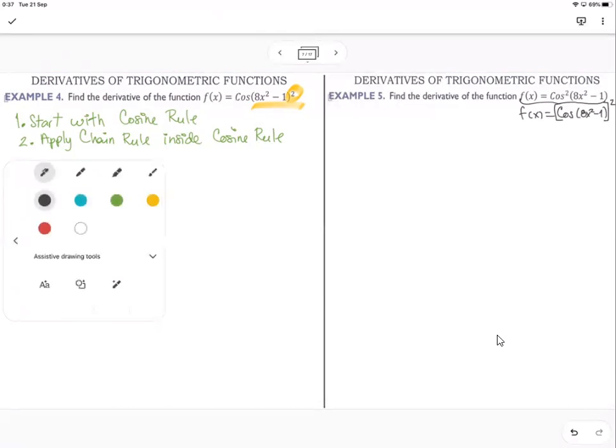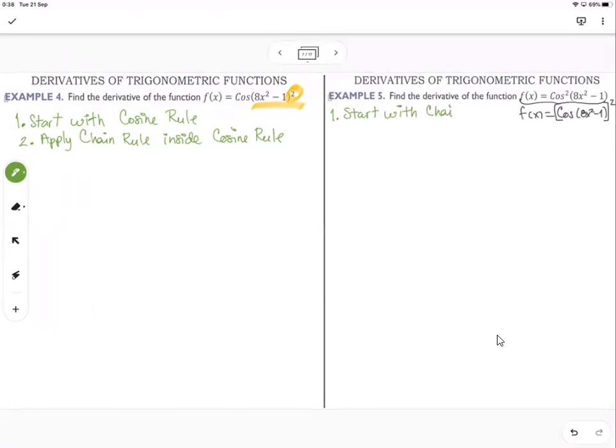So it means that the order of the rules is going to be: start with the chain rule, and apply the cosine rule inside the chain rule.